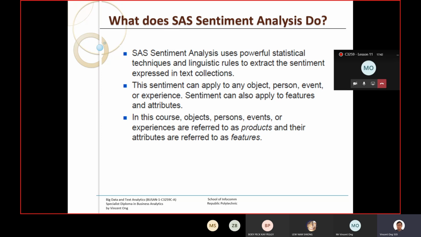Now, the Sentiment Analysis Studio allows us to analyze at two levels. One is the product level, the other one is the feature level. When we say product level, we mean the overall, the corpus level. For example, I launched a new product, a television. I can generally find what the sentiments are at the product level, or I can drill down to specific features of the TV.